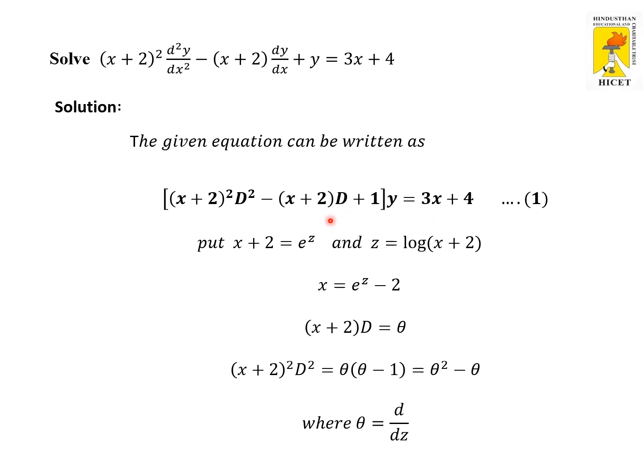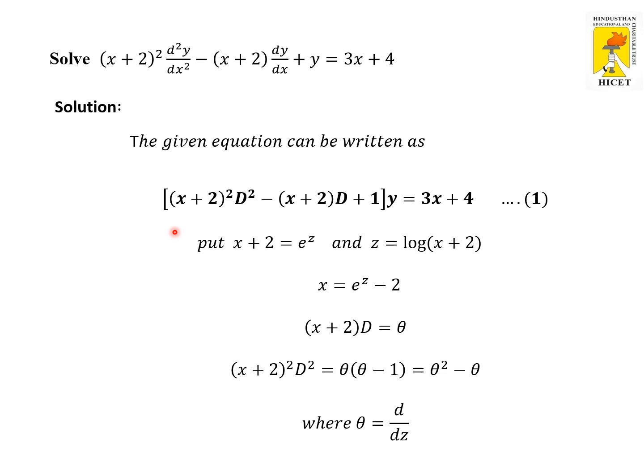So now we are going to transform this variable coefficient into a constant coefficient by taking x plus 2 as e power z, that is z equal to log (x plus 2), and x equal to e power z minus 2, and (x plus 2) D equal to theta, (x plus 2) squared D squared equal to theta into theta minus 1, that is theta squared minus theta.